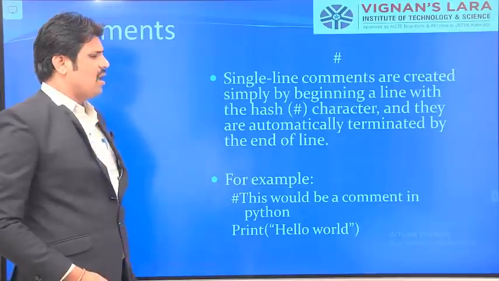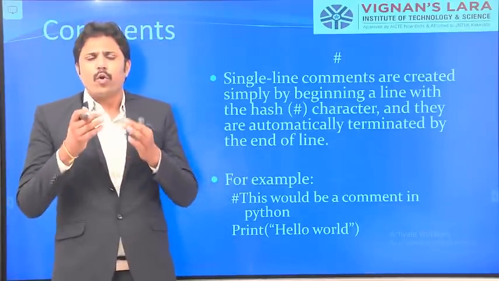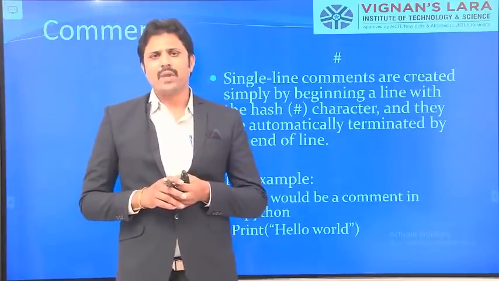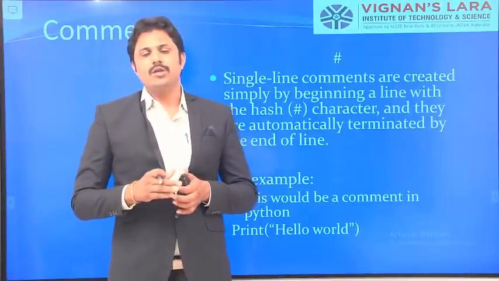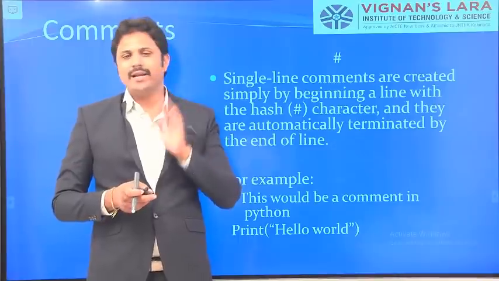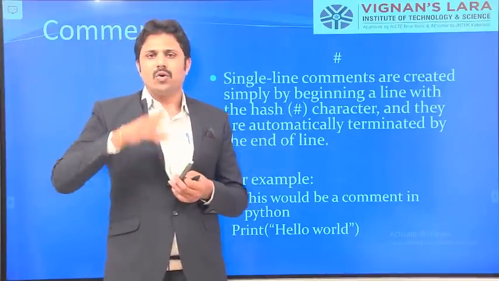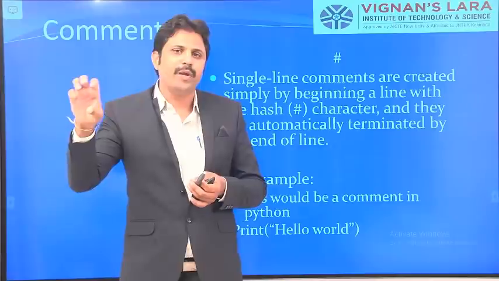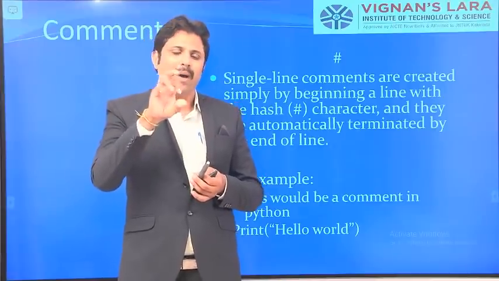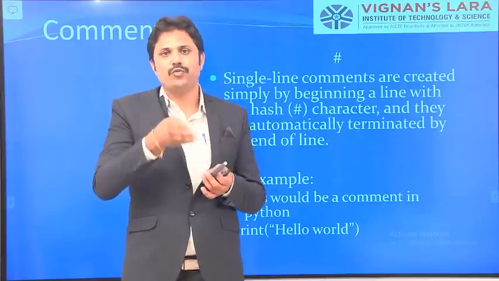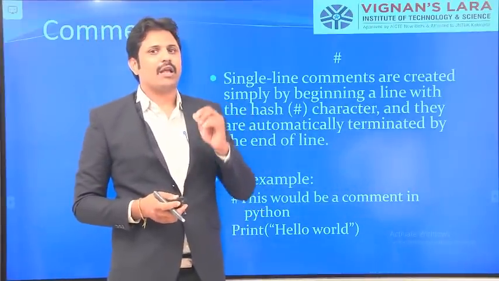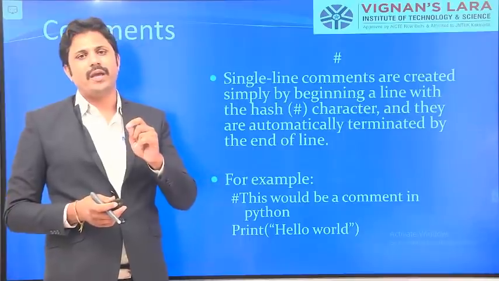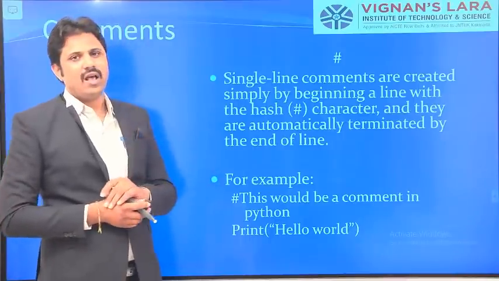Next. If you are going to write a program, you need to specify comments for that code. For example, I write 10 lines of code. What do those 10 lines of code represent? What is the purpose, what is the output of those 10 lines of code? That's why comment lines are needed.